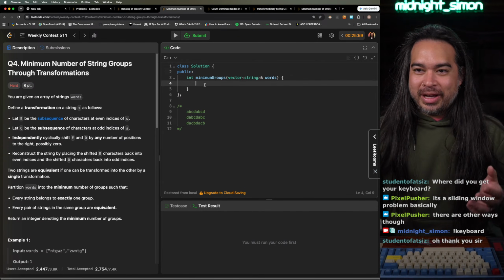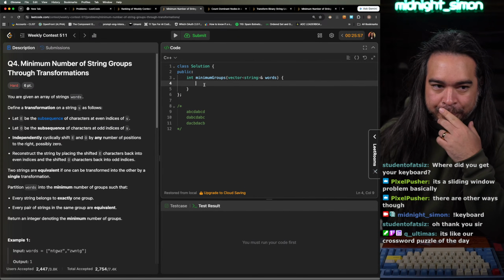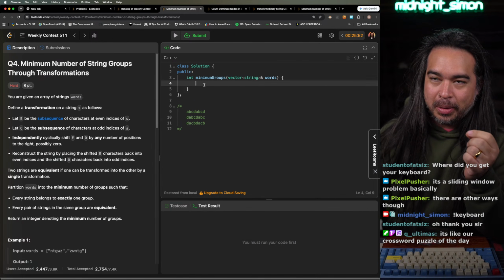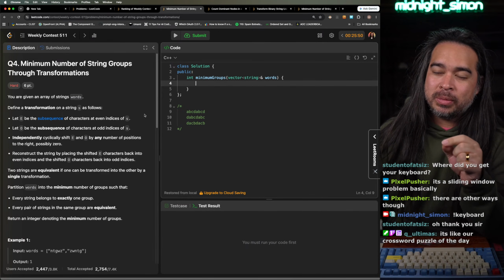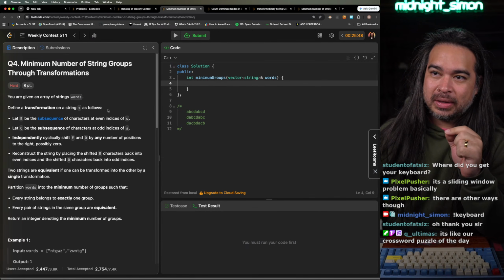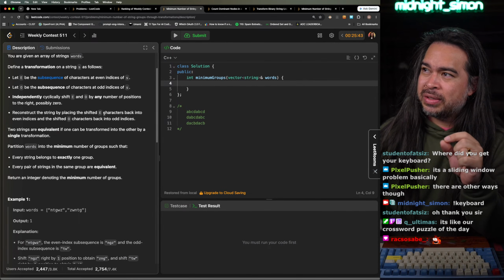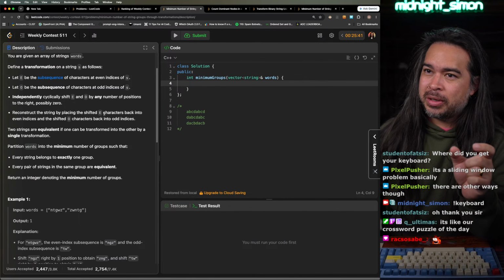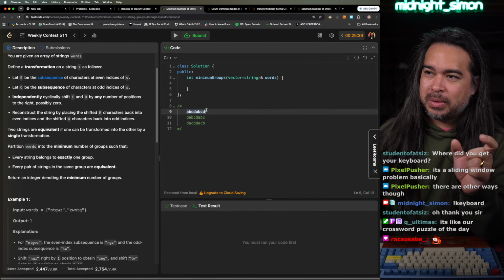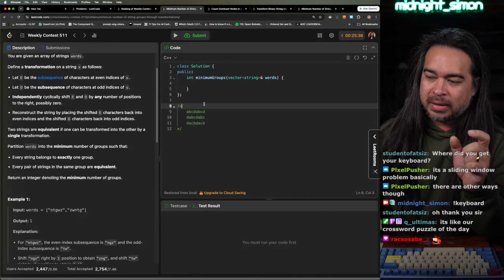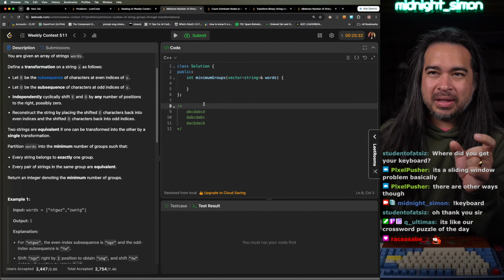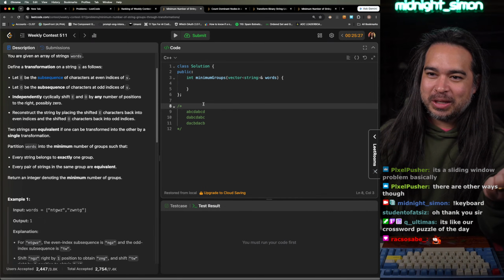All right, sliding window. I can do a sliding window, but I've had some trouble with this in the past with string problems. Anytime I try to compare a substring in C++, I always get time limit exceeded or something, because I think the substring is creating a new string every time I check.